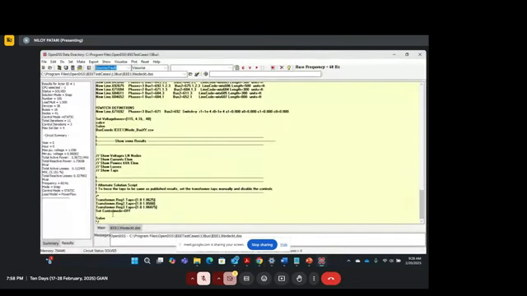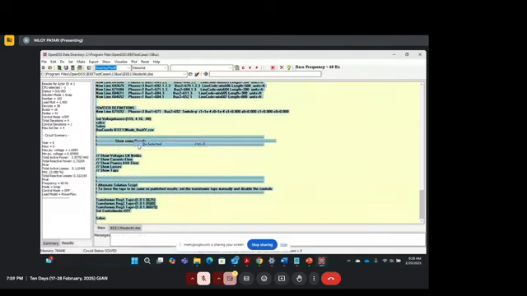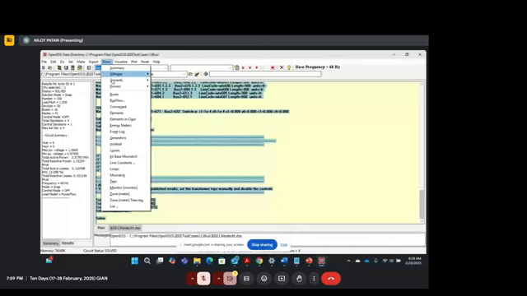So let's keep this, Control A, and do a selected. Once you do that, let's see voltages.